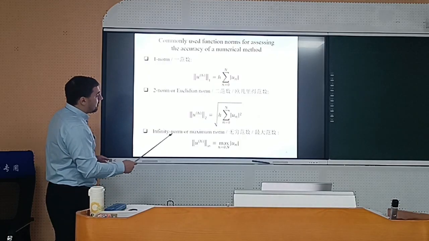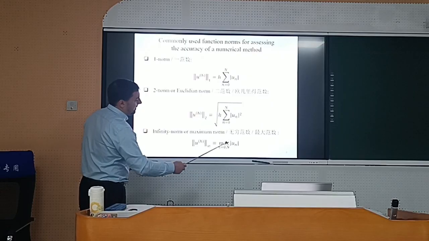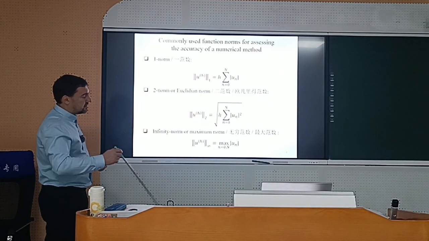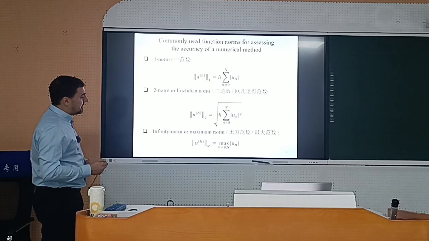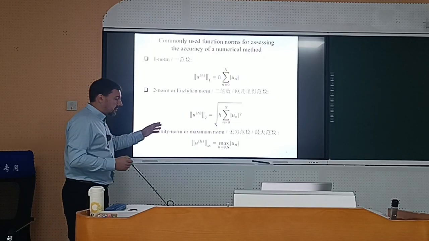The infinity norm, or maximum norm, is as follows. You analyze the absolute values of the components of your grid function, for each node, and just take the maximal value. This is also a norm.